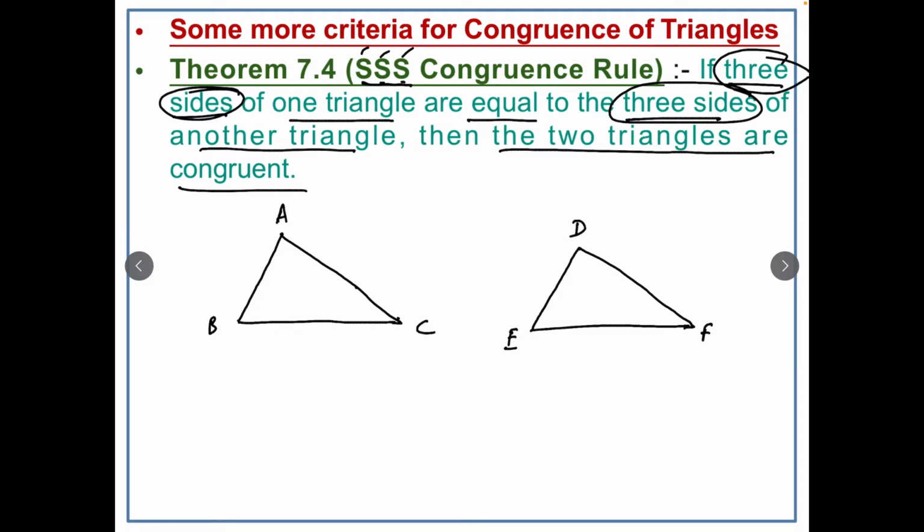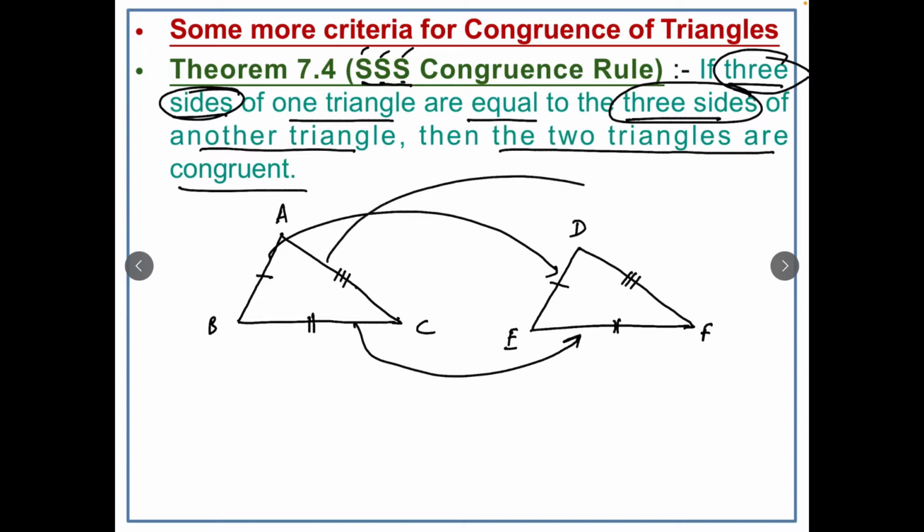Considering that these two triangles have side AB equal to DE, side BC equal to EF, and side AC equal to side DF. That means the corresponding side of AB is DE. Similarly, the corresponding side of BC is EF, and the corresponding side of AC is DF, and all three are equal.